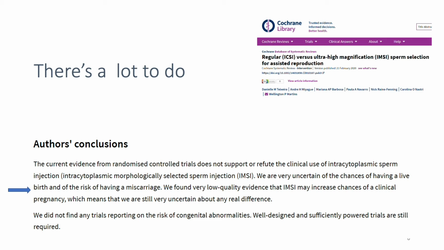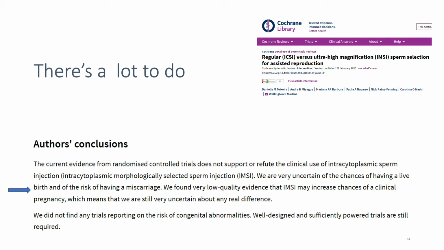So IMSI has been around for some time, and this is a Cochrane review, very recently published in 2020. And we can see here that the conclusions of the study were very much, after the analysis of all of the data, they found very low quality evidence that IMSI may increase the chances of a clinical pregnancy, which actually means that they are uncertain yet about any real difference.